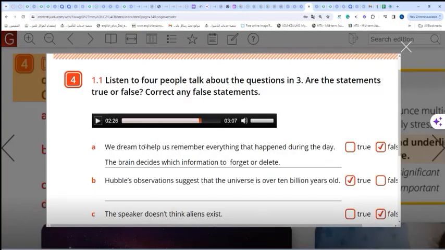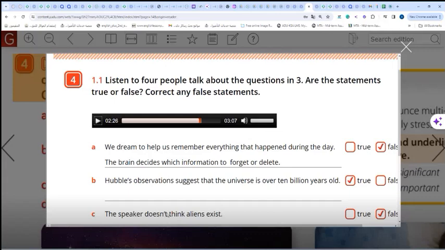So, dear students, what do you think? The speaker doesn't think aliens exist. True or false? Teacher, false. So false. So what is the correct statement?